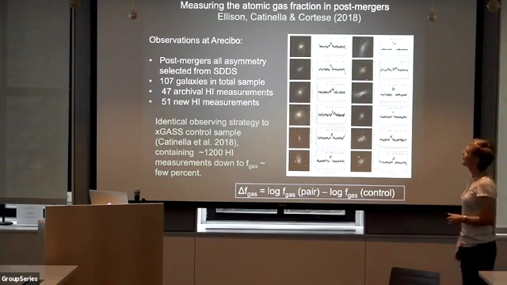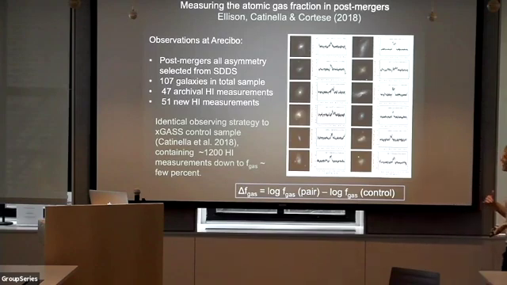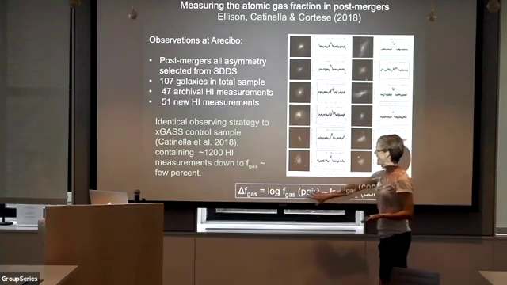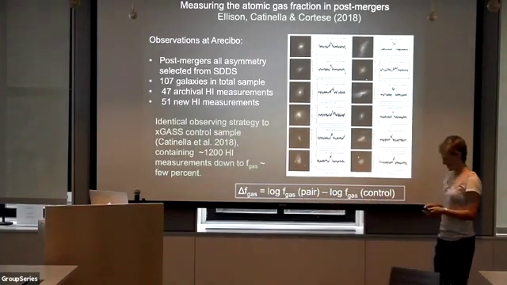We had about 100 galaxies that were a combination of archival measurements and our own PI sample. And again, we have a control so we can compare the neutral hydrogen gas fractions with the control.